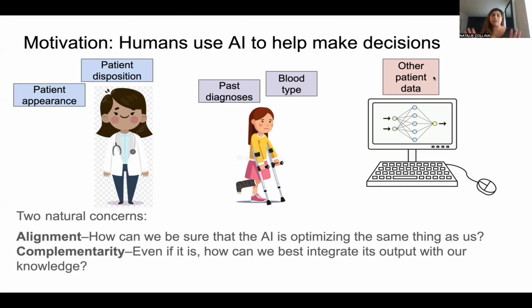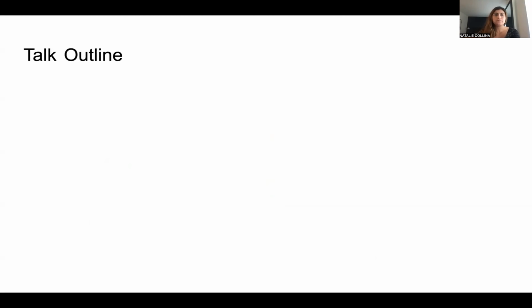Even if it is perfectly aligned, how can we best integrate its output, which might be using insight on information that we don't have, with our knowledge, where we have some other information? These are the two things we're going to focus on today. We're going to start with the second question. Let's start with, okay, what if they are aligned? Because it's already a quite tricky and interesting question.